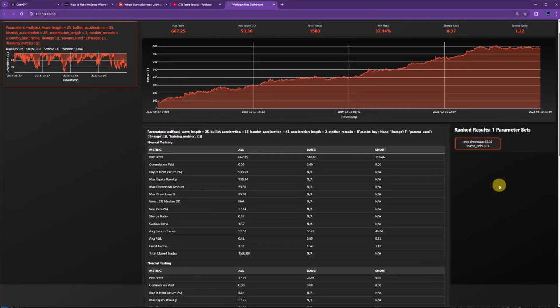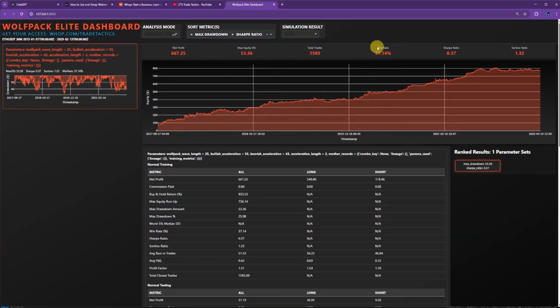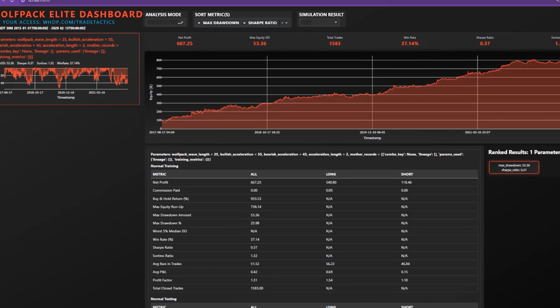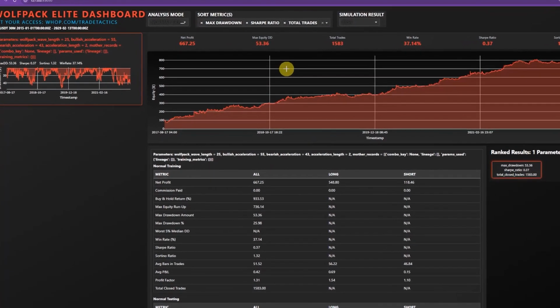I can highlight multiple and have them plot side by side, and then you can compare which parameter set you would really like to go with: the safest one, the riskiest one, which one has the highest win rate, lowest win rate, and also the different ratios like Sharpe and Sortino, which line up with TradingView, which is the coolest part of this.